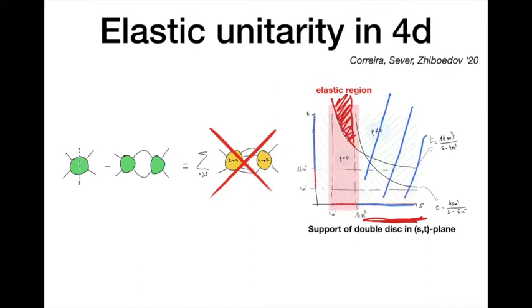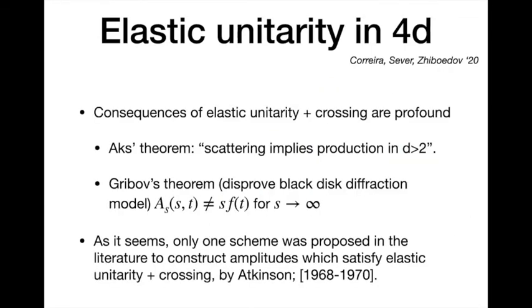But by crossing, this red piece is related to the green piece here, and here that would correspond to particle production. So of course it's a very quick explanation, and you need a few extra steps in between, but that's the essential idea. So that's one important consequence of this, and there's also something that's known as the Coleman-Mandula theorem, which I'm not going to talk about.